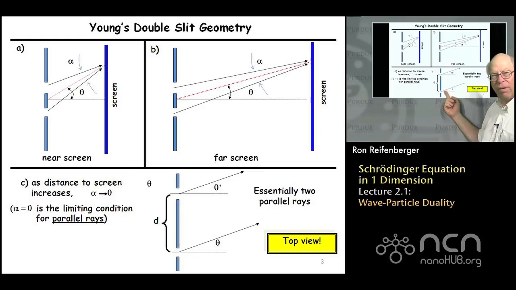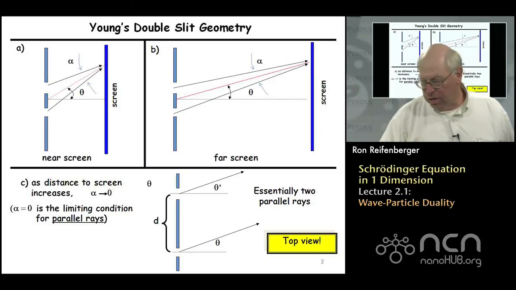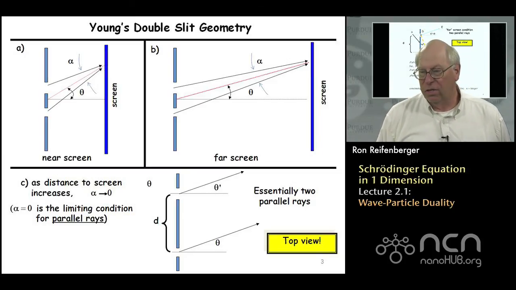And this just simply means that the light rays traveling from the bottom slit at some angle theta is traveling parallel to the light passing through the top slit, traveling at another angle theta prime, which is essentially equal to theta. So this parallel ray condition is important for Young's explanation of the two-slit experiment.